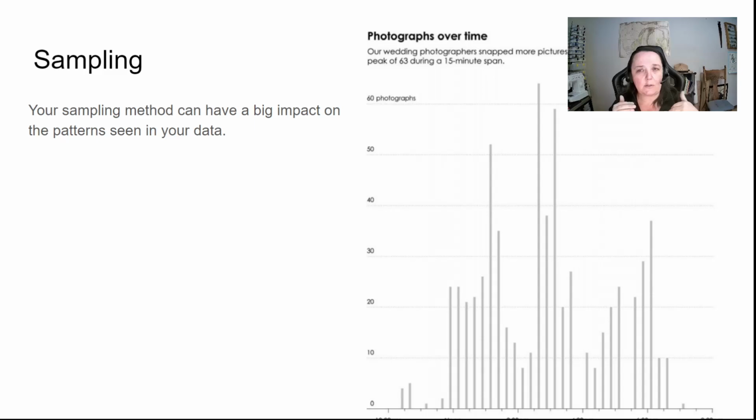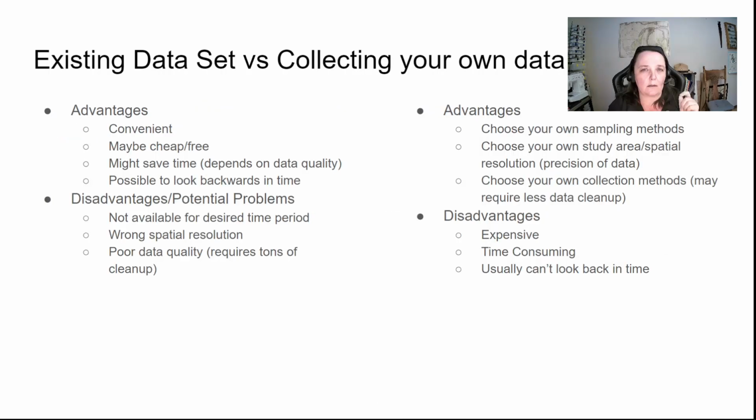So one thing I want to mention is with GIS, we spend a lot of time using data sets that have already been collected rather than collecting our own data sets. And this has advantages and disadvantages, right? If you have an existing data set, that might be really convenient.